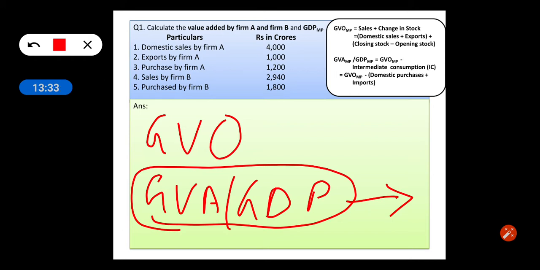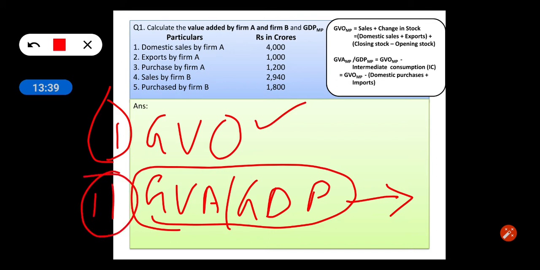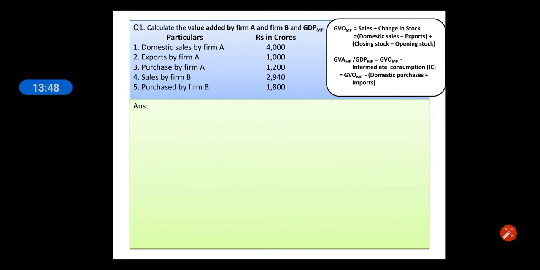So at any case, first you have to find GVO. Second, after GVO, you have to find GVA or GDP at MP. Got it? Now let us solve this question.